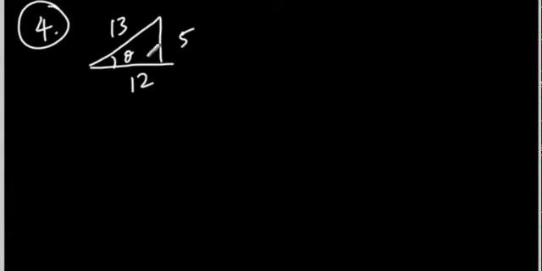Number 4 is straightforward. So we have theta right here. We have 5, 12, we have 13. So in this case, we actually have all 3 sides, and we also know that this is a right angle triangle. So in this case, we can actually use any of them. So for example, let's say we pick the 5, which is the opposite, and we pick the 12, which is the adjacent, so we can use TOA.